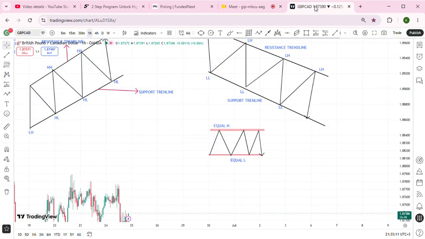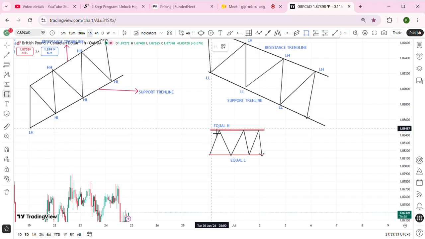Now, when it comes to drawing trend lines, you can draw trend lines in either an uptrend or a downtrend. Don't draw trend lines in a consolidation. When it comes to consolidation, I use a rectangle to mark consolidations.